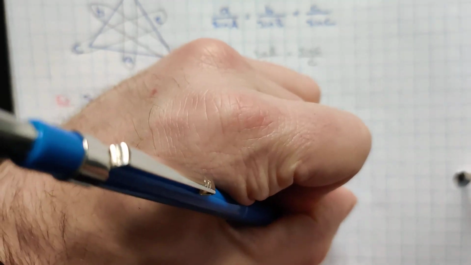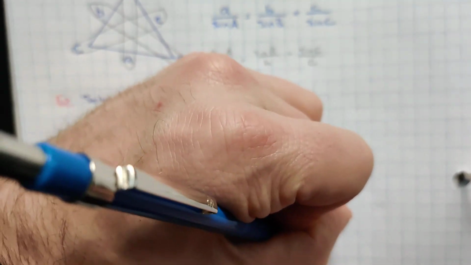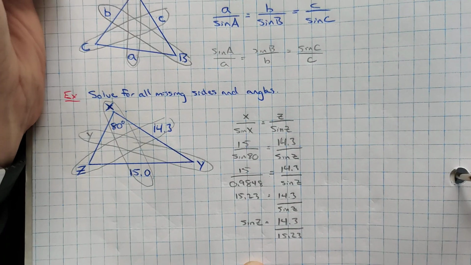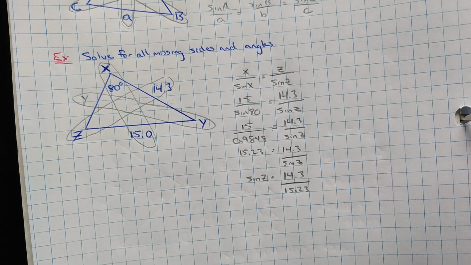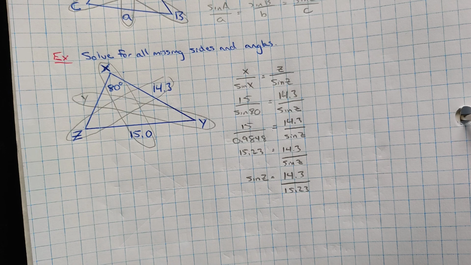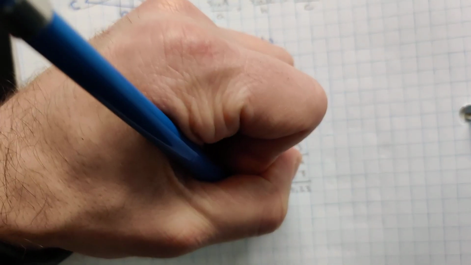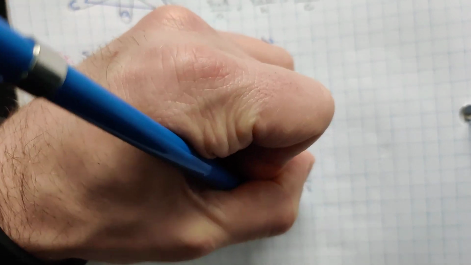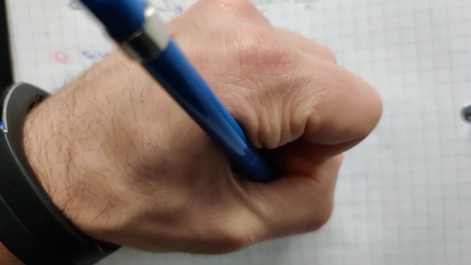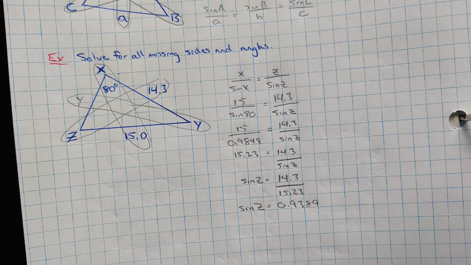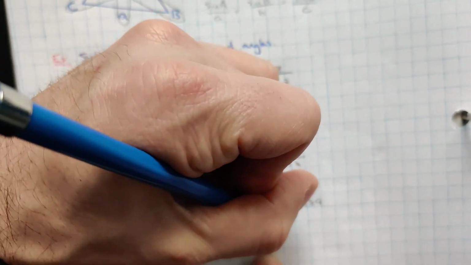So 14.3 divided by 15.23. Calculate that. And I get sine of Z is equal to 0.9389.